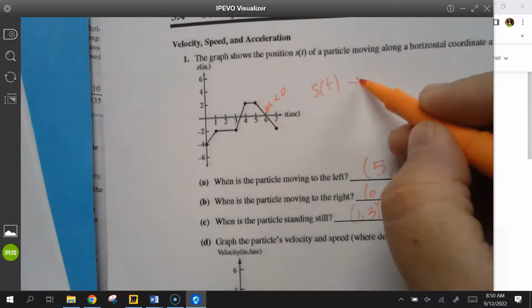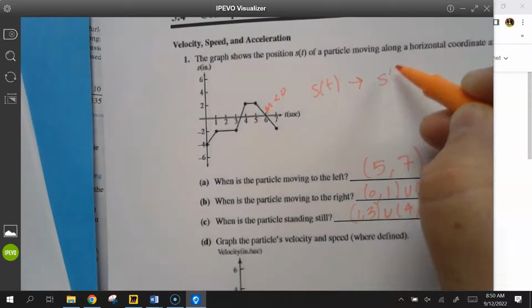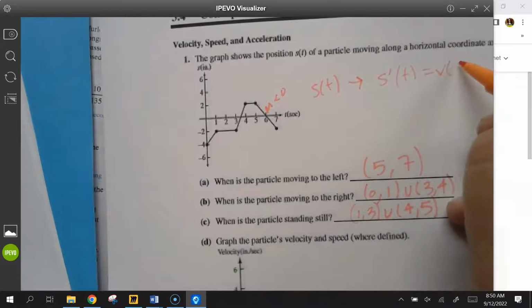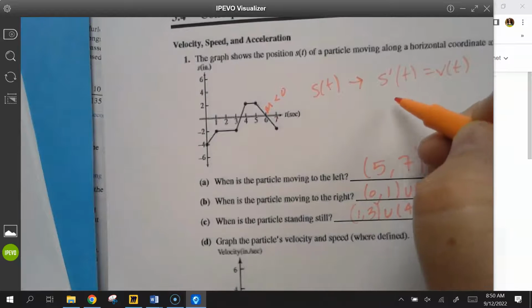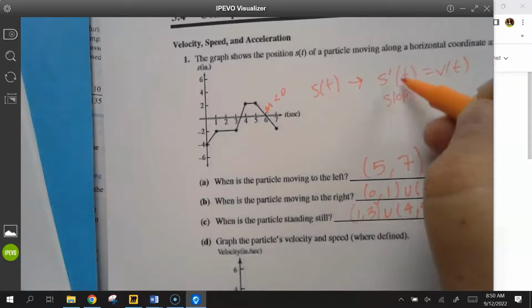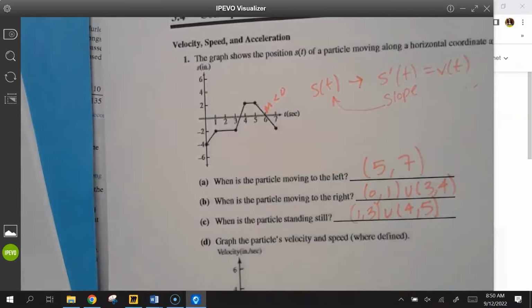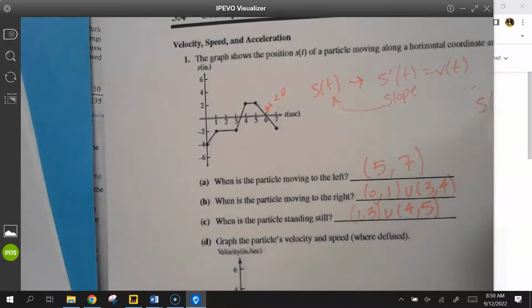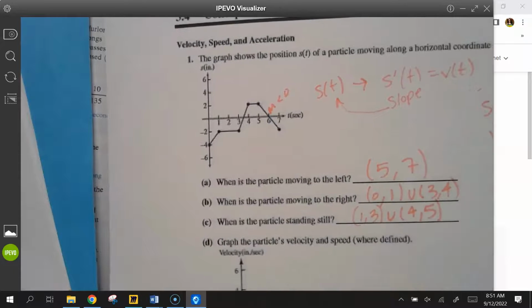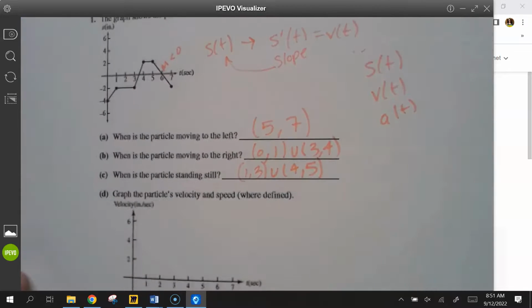And so the derivative of position is velocity. So if the slope of this one is negative, that means velocity is negative. Does that make sense? Because my relation is position, velocity, and acceleration, each one taking a derivative of the prior.